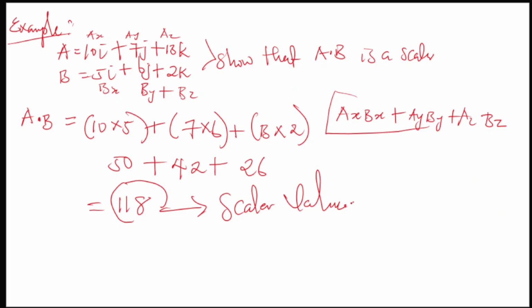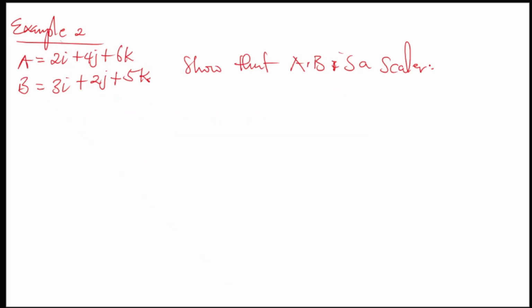Let's take down another example. Basically, if you have another example of this nature and we're asked to show that A multiplied by B is a scalar, how do you go about it? The same concept, apply it here. You have A multiplied by B. So this will simply be what you have here multiplied by what you have here.